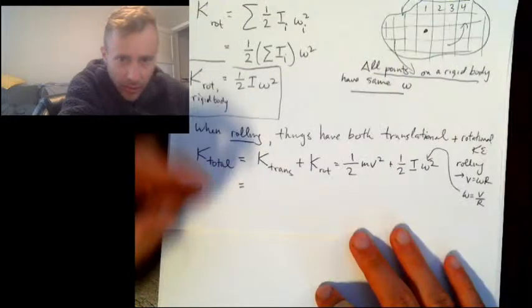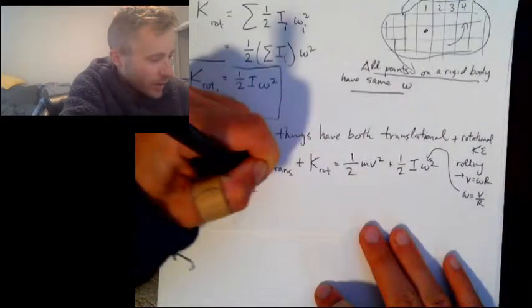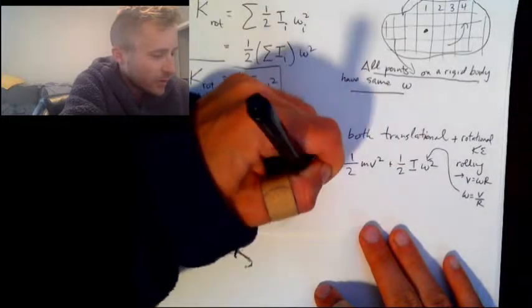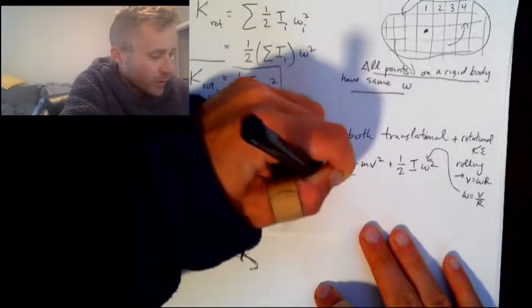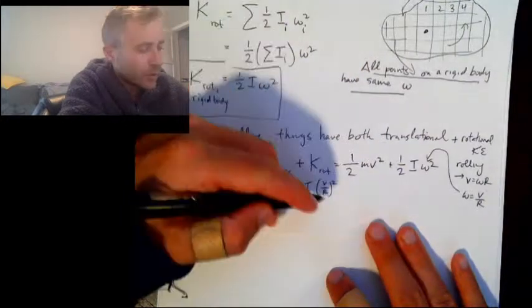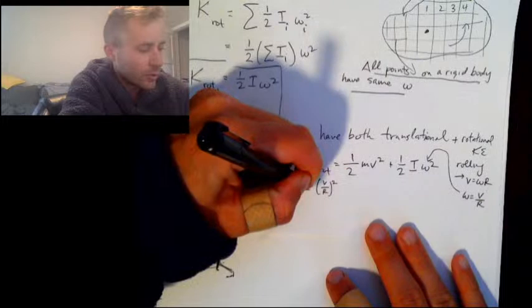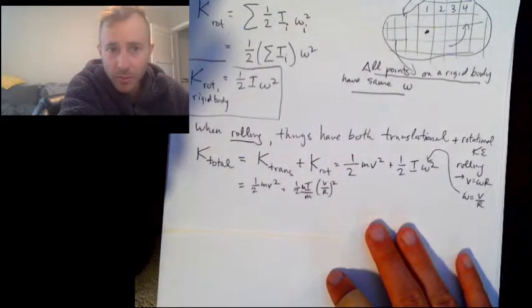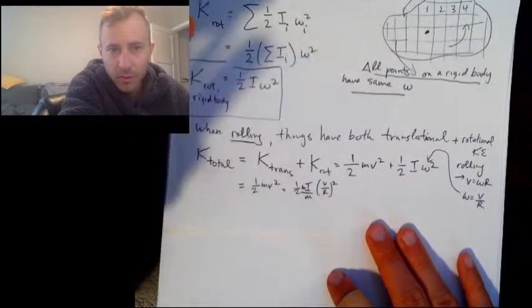So I get 1/2 mv squared plus 1/2 I times (v over r) quantity squared. So simplifying this, I'm also going to multiply by m and divide by m on that second term, which I can do because that's equivalent to multiplying by 1.